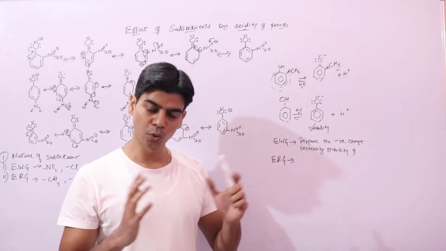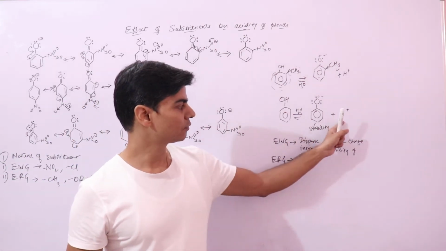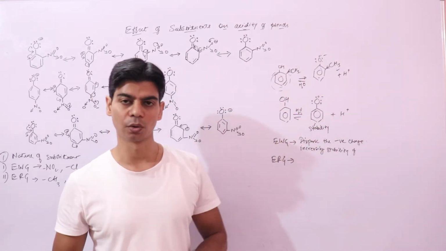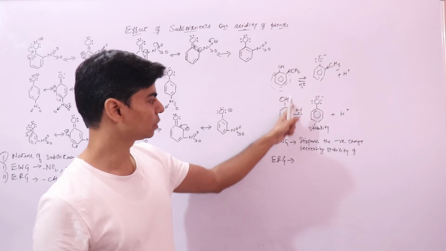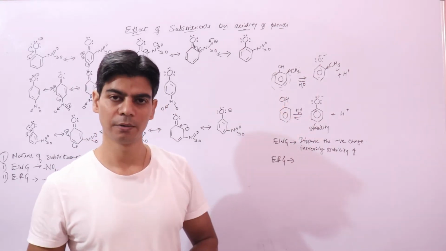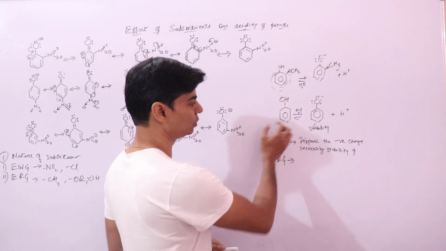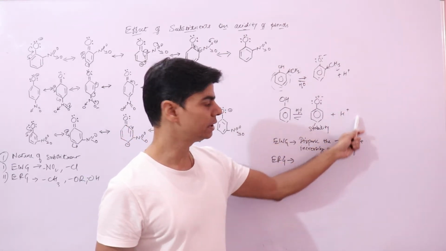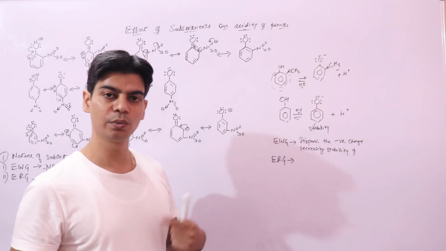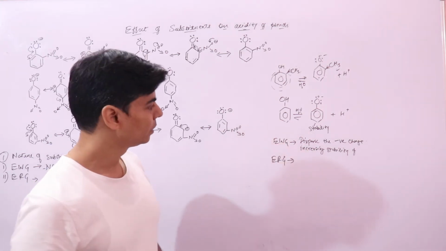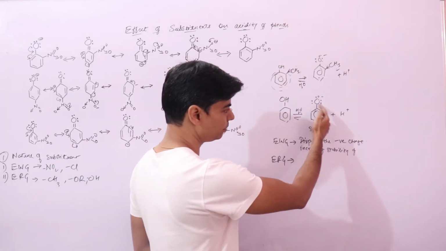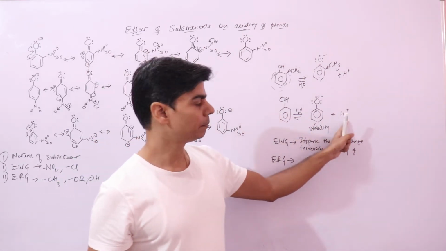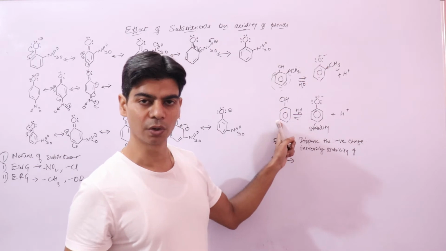When it is more negative, it has more chances of combining with this positive ion, giving you back phenol, which is the unionized molecule. Because in this reaction only, phenol is getting ionized to produce hydrogen ions, due to which this is acidic. So when this benzene ring is more negative, it will immediately combine with hydrogen ions, giving you phenol.